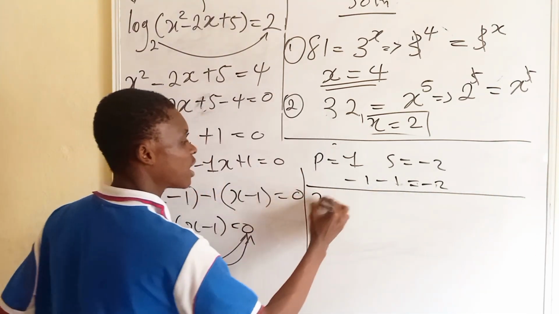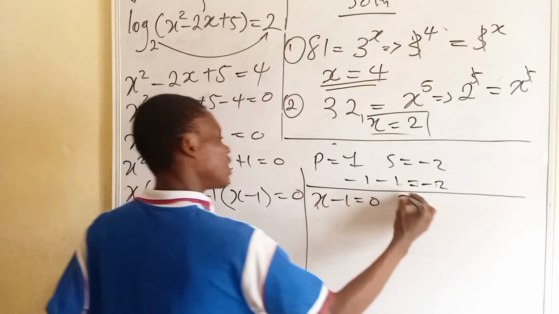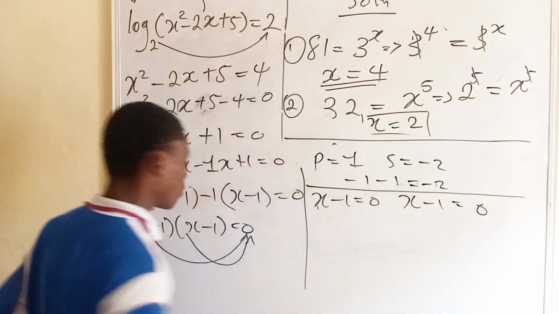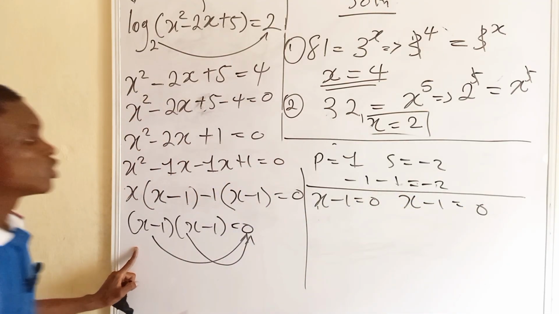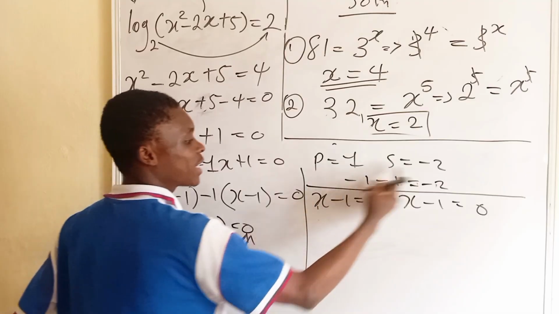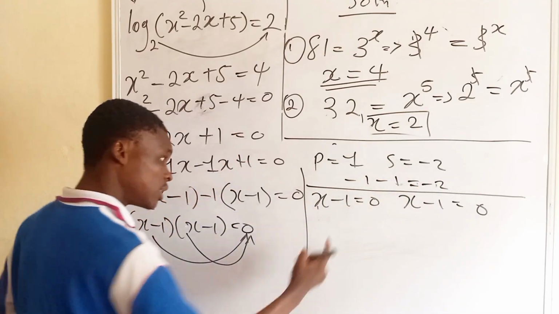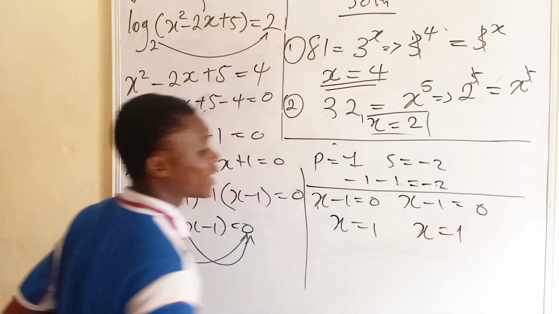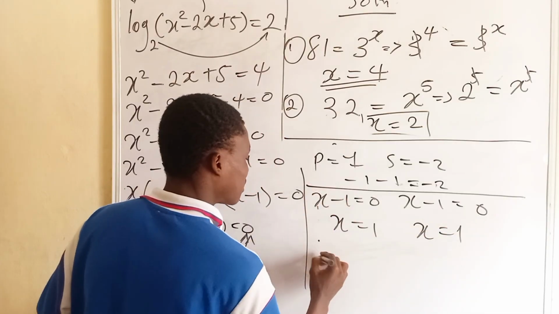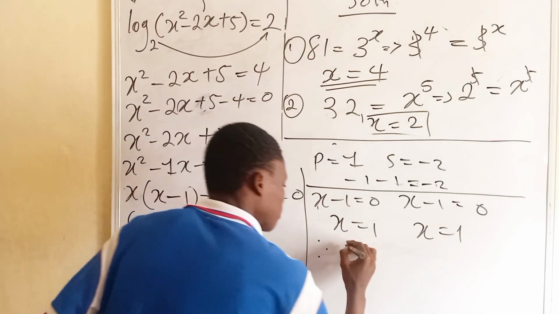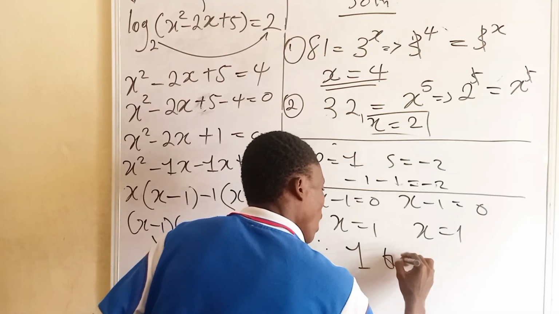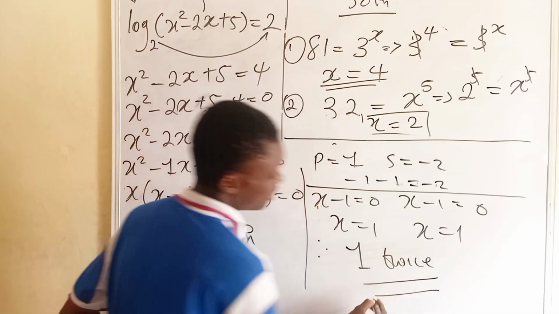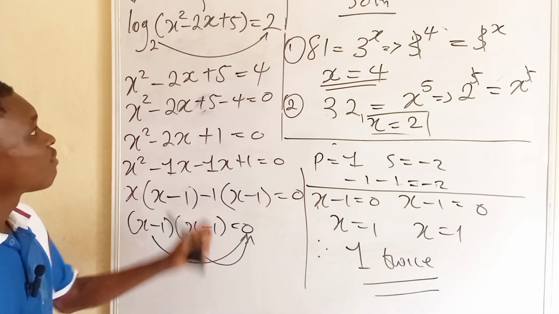Clearly, we'll have that x minus 1 equals 0 and x minus 1 equals 0. If we take this across the other side, the negative becomes positive, so x equals 1 and x equals 1. So clearly, the answer is 1 twice, and this is the answer for this problem.